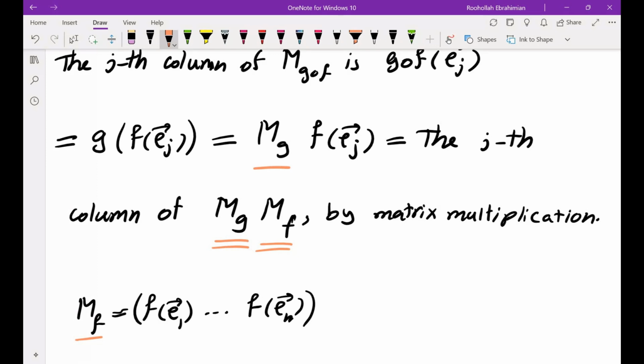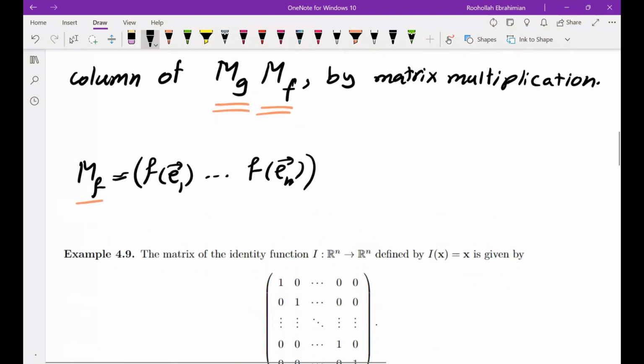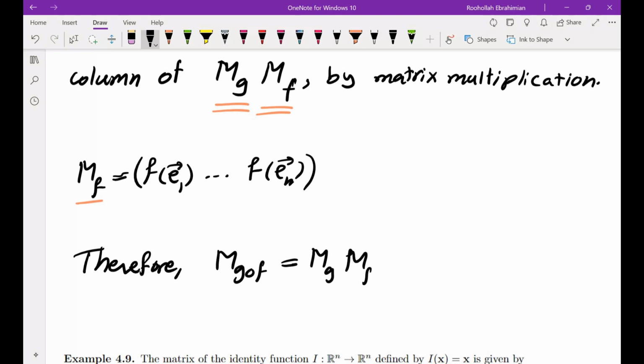And that's exactly m sub g times f of ej, which means the jth column of the matrix of the composition is the same as the jth column of the product. So what we just showed is that the jth columns of these two matrices are the same. Therefore, the matrix of g∘f is the matrix of g times the matrix of f, because they have the same columns. Therefore, they would have to be the same matrices.